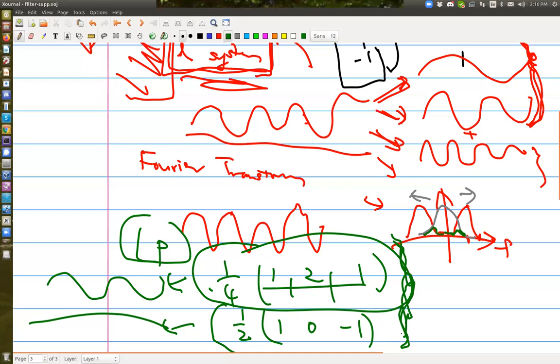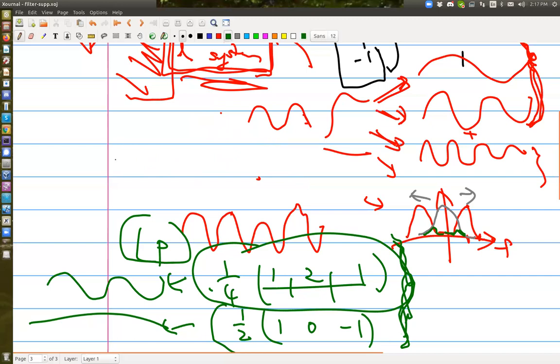Dr. Chang, I have a question. Yes. You just showed a 3x3 filter today. Yes. But is there any other type of filter possible, like larger than 3x3? I can definitely make it larger. For example, I can make it 5x5.